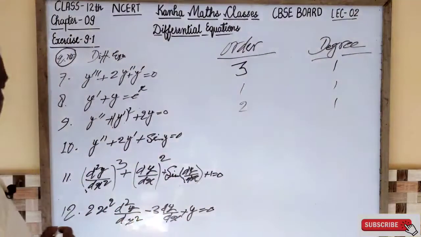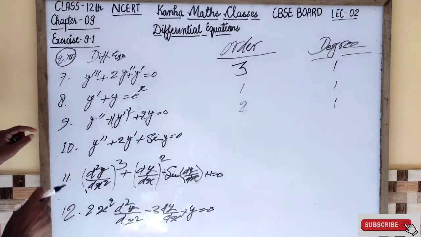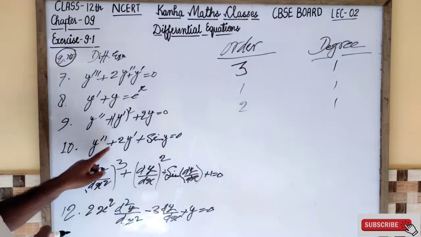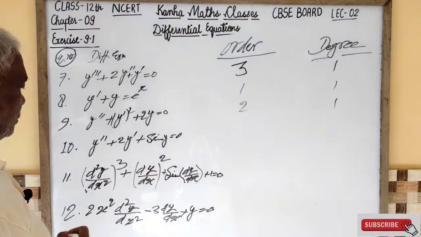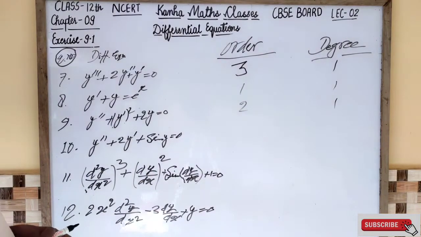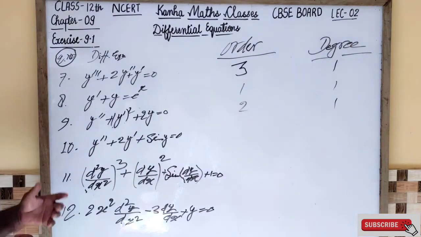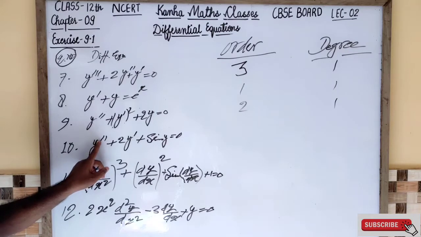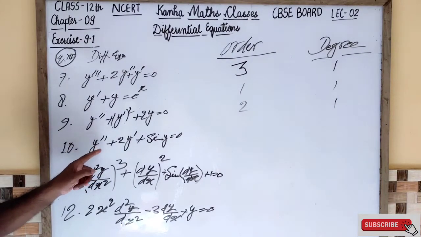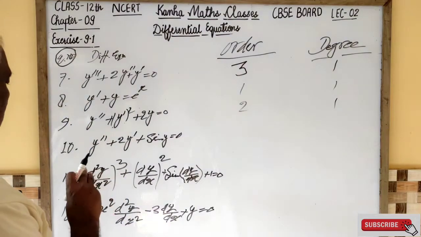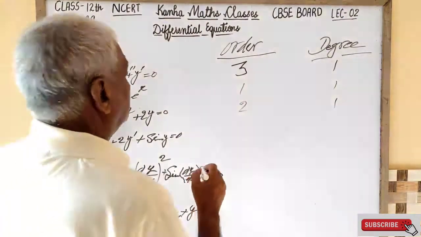Now we come to question number 10, that is y double dash plus 2y dash plus sine of y is equal to 0. Here we see that the highest order of the derivative is 2, because here we have written y double dash, meaning d square y upon dx square, hence the order of this differential equation is 2.